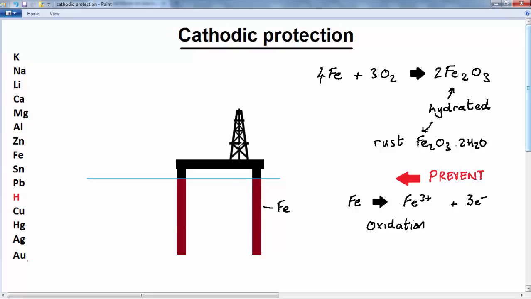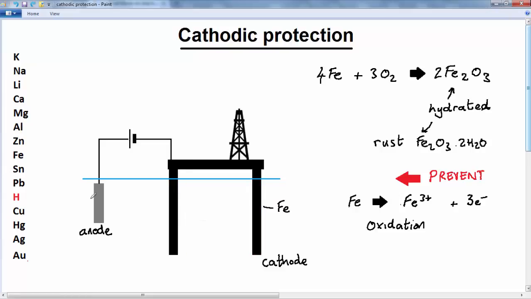And in cathodic protection, rather than using a sacrificial metal to stop the iron from losing its electrons, we use a power supply which is connected to an inert anode like this. So the anode is positive, the cathode is negative, and the electrons in this circuit are pushed by a power supply, by a battery, in this direction from the anode onto the cathode.